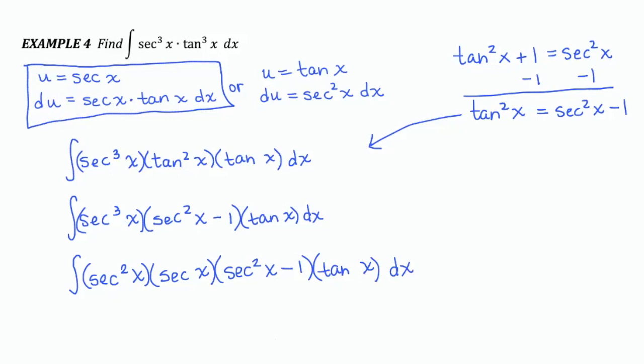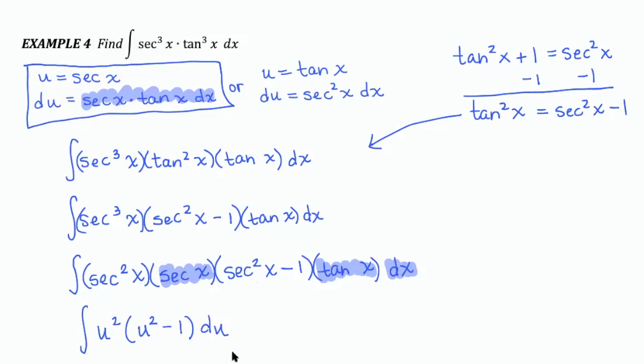And now what that allows me to do is my secant tangent shows up. Secant tangent dx. So all these blue parts are going to be my du. Now I've got u squared times u squared minus 1. I have my du, and finally, this is a workable u substitution.